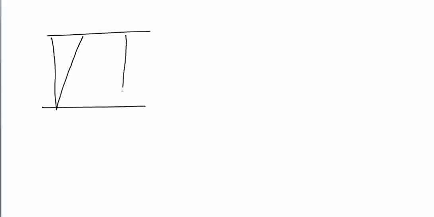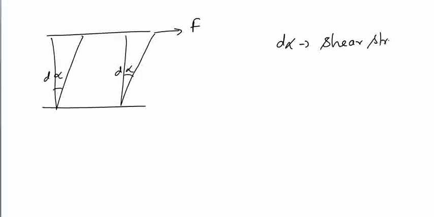Now if I have a small movement of this plate, my layer has displaced by an angle d alpha because of this force. This d alpha is known as shear strain.